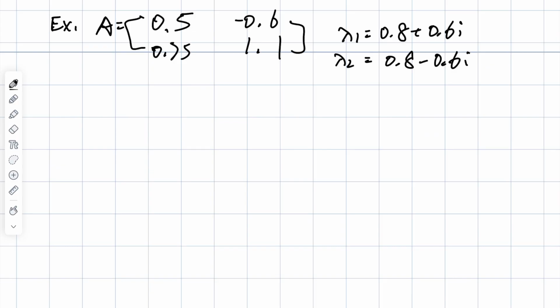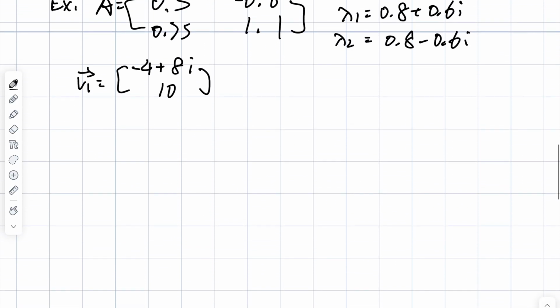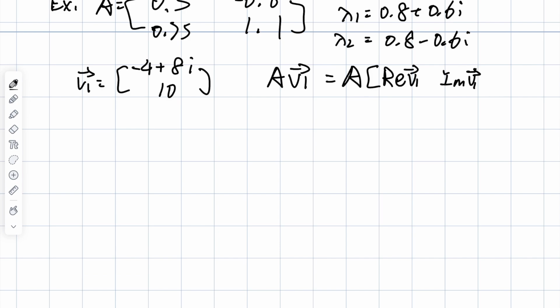And then we have v1 equals negative 4 plus 8i and 10. So A times v1 equals A times the real part of v1 and then the imaginary part of v1. This will be our P.